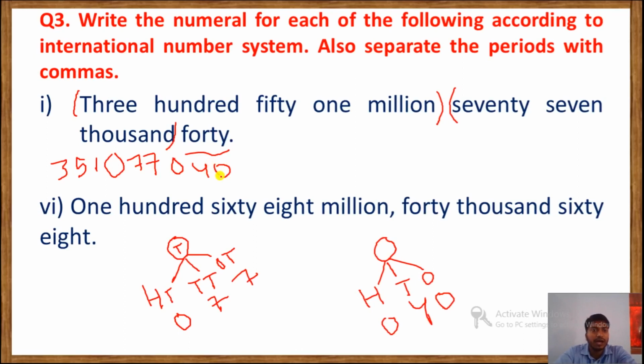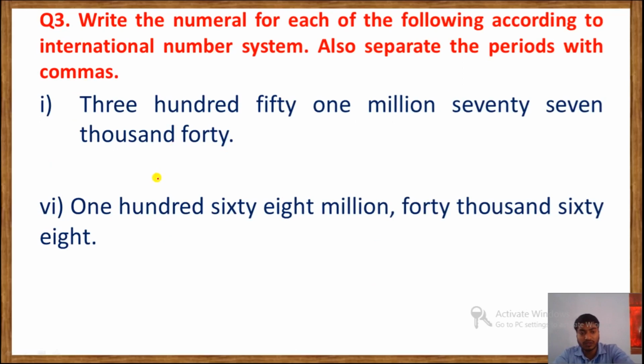Okay, now we have to separate them according to their period. So ones, tens, 100, comma, 1,000, 10,000, 100,000, comma. Okay, so this is how we can separate. So the answer is, here you can see ones, tens, 100, comma, 1,000, 10,000, 100,000, comma, million, 10 million, 100 million.